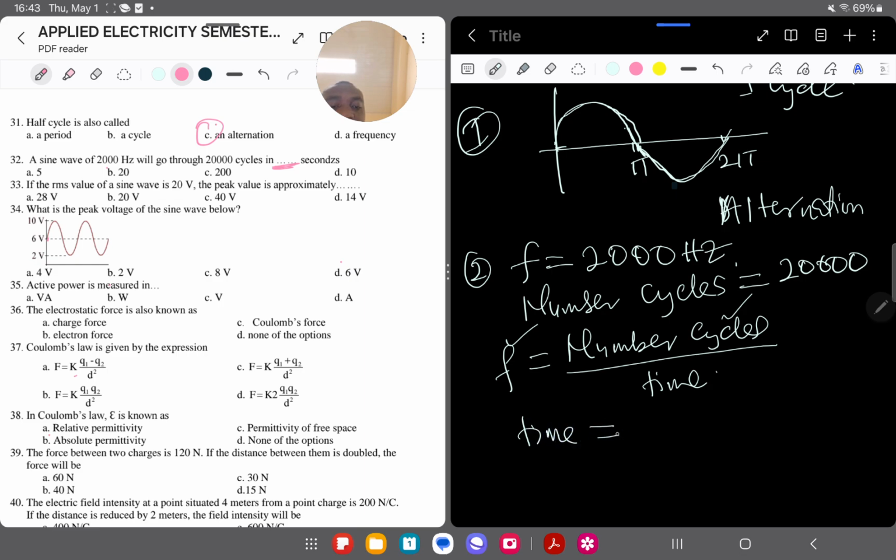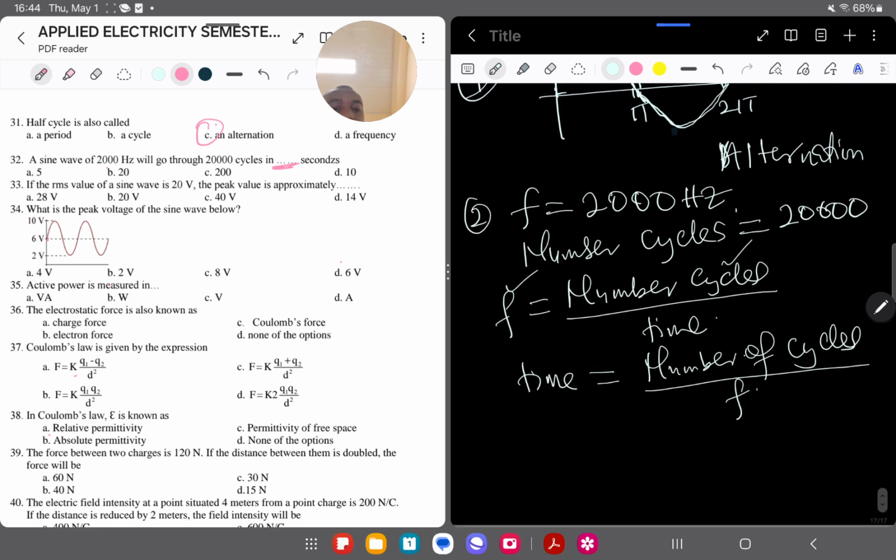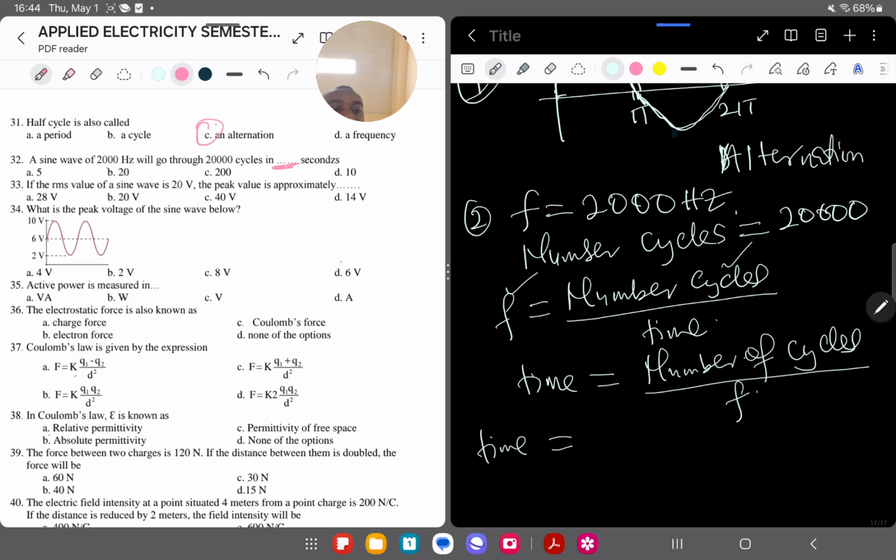Multiplying both sides by time and dividing by frequency, we get time equals the number of cycles over frequency, which is 20,000 divided by 2,000.